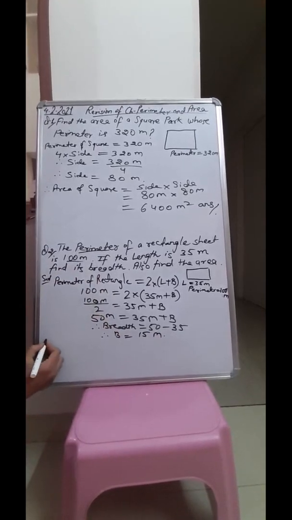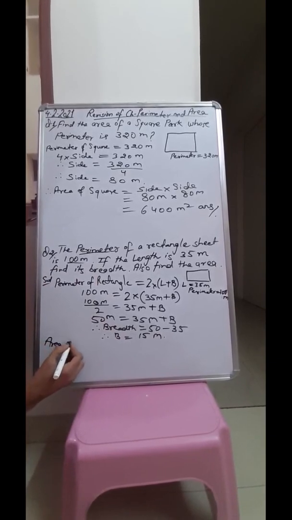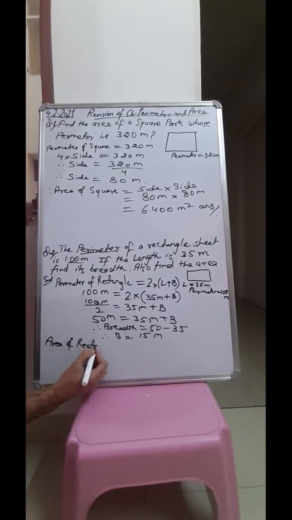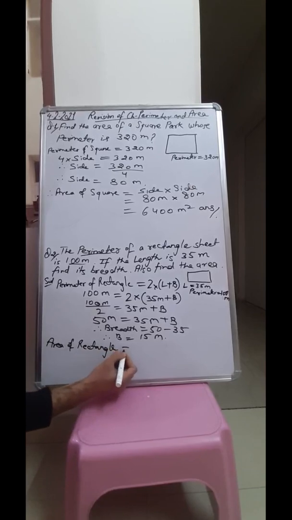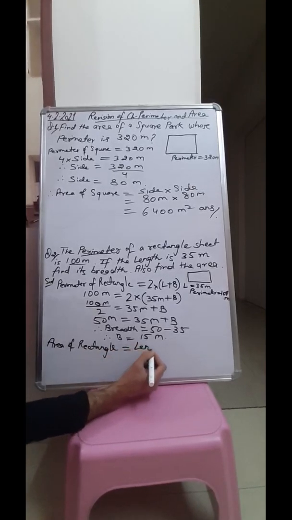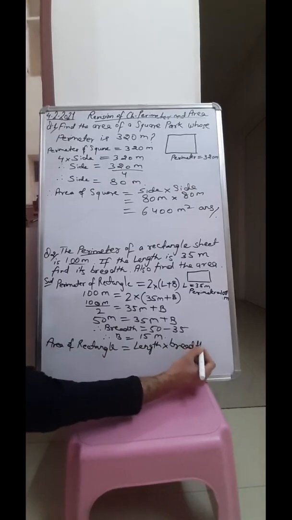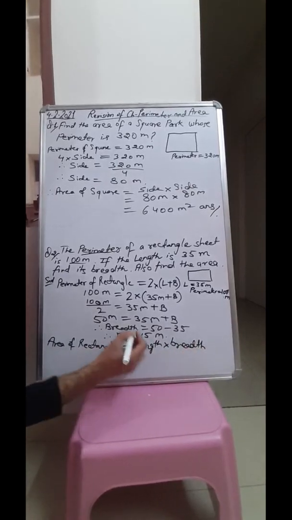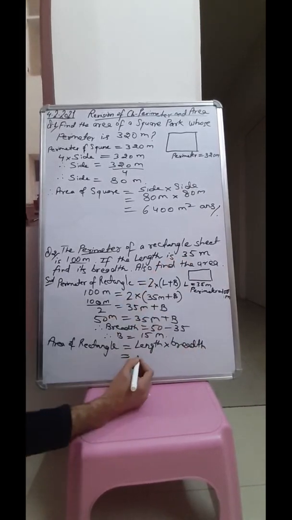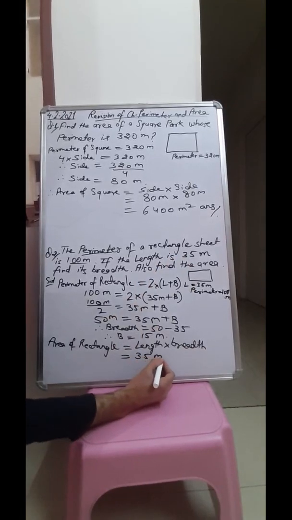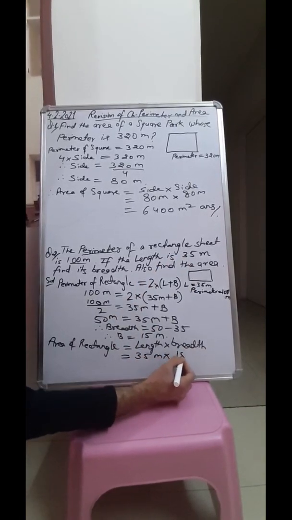Now we have been asked to find out the area of rectangle, and the area of rectangle formula is length multiplied by breadth. So length multiplied by breadth gives you, length is given as 35 meter and breadth we have found as 15 meter.